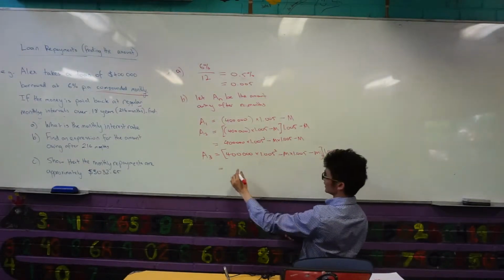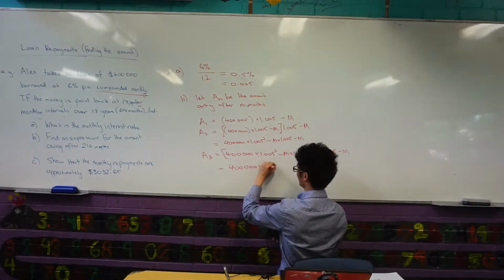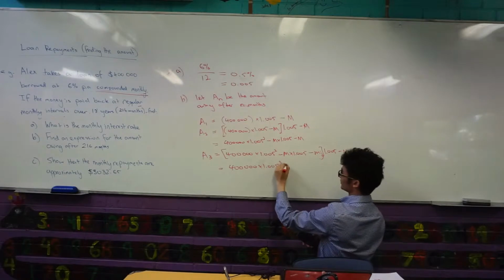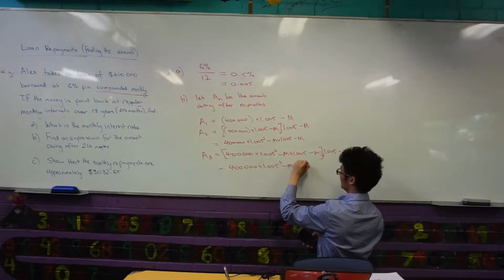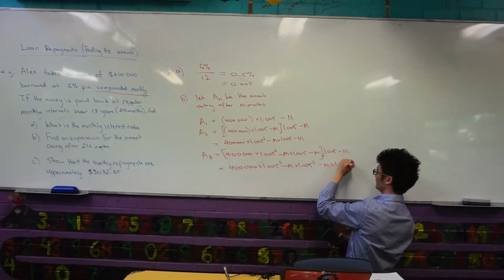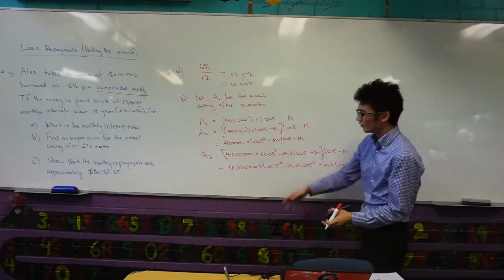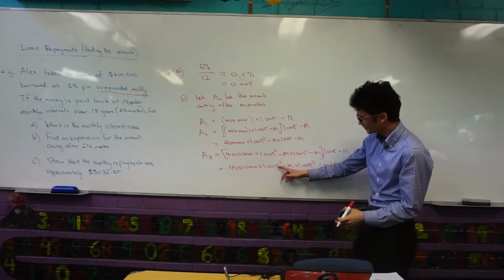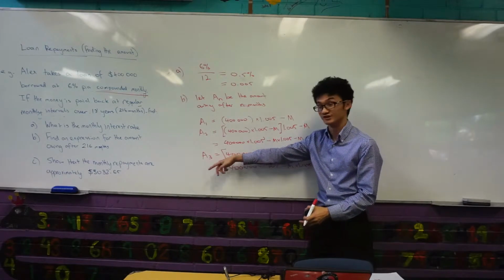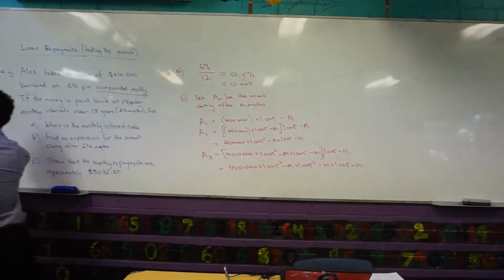If I expand this all out again, I'll get 400,000 times 1.005 cubed, minus M times 1.005 squared, minus M times 1.005, minus M. So I can see the pattern that's emerging. All I'm doing is raising this monthly interest rate to the power of the installment that I've made.